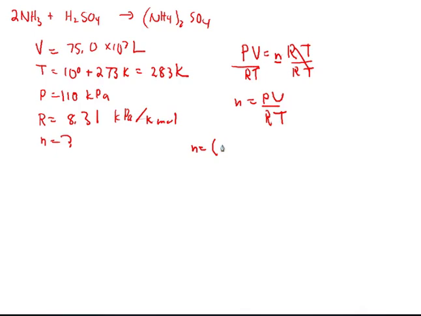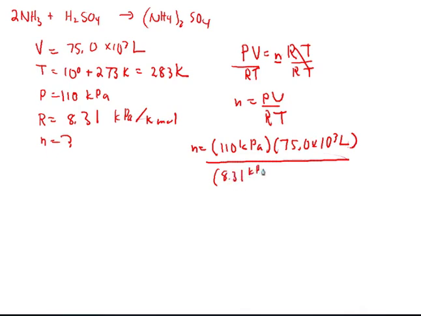So the pressure is 110 kilopascals multiplied by the volume, which is 75.0 times 10 to the 3 liters, which is quite large, over 8.31 kilopascal liters per Kelvin mole, multiplied by the temperature, 283 Kelvin.